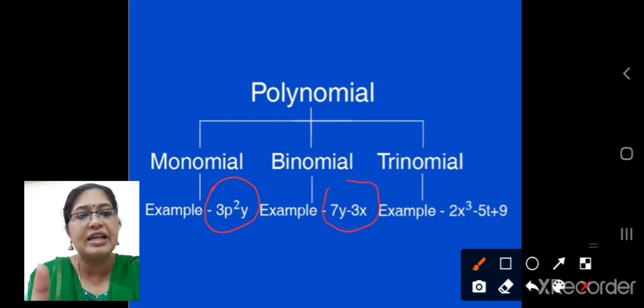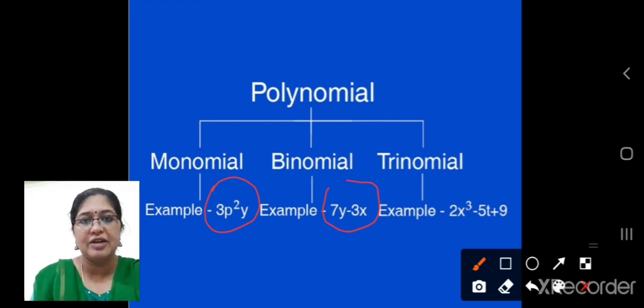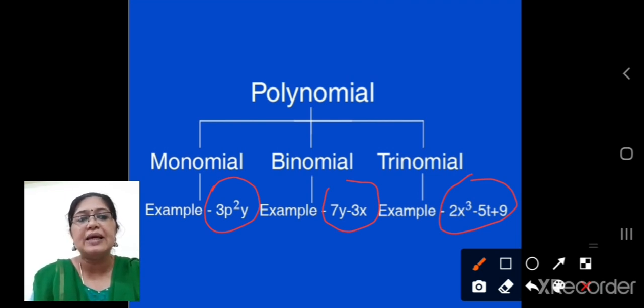Binomial: see here, it is 7y minus 3x. 2 terms are there, separated by a subtraction sign. 7y is a term and 3x is another term, so it is a binomial. Next one is 2x cube minus 5t plus 9.